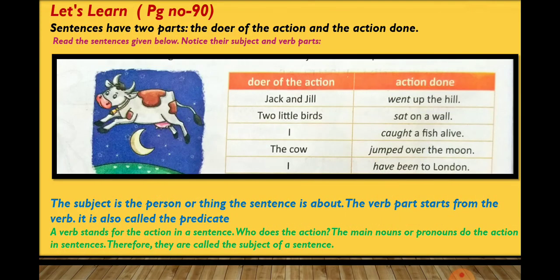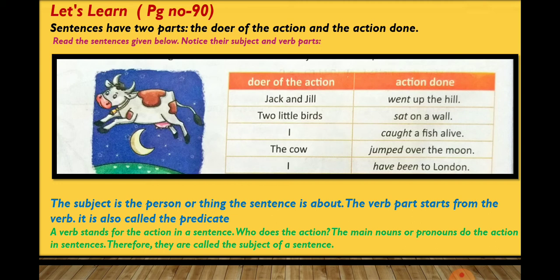Now, children, on the same page, we have got a column. So, you can see in the column you have got the doer of the action and the action done. So this is very important. So everyone will underline: sentences have two parts. The doer of the action means who does the action, by whom the work is done, and the action done or the work that is done.